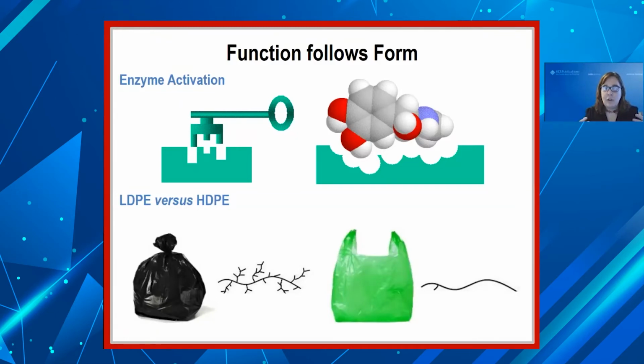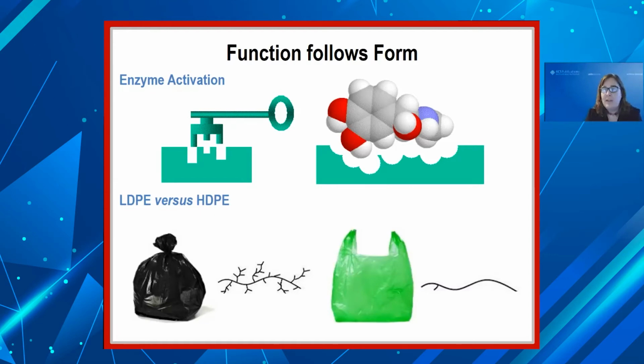And we don't have to look much further than the lock and key model that accounts for enzyme activation to think about the relationship between function and form, where if you have a molecule of a specific shape or form, it can bind into the active site of an enzyme and induce a response or function within the body. So the function follows the molecular shape or form.